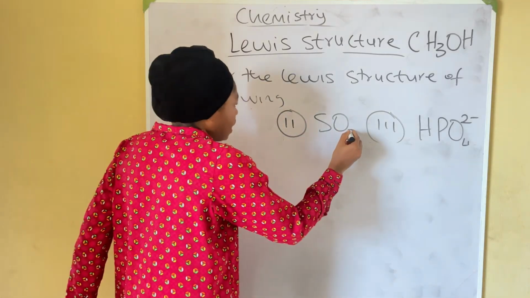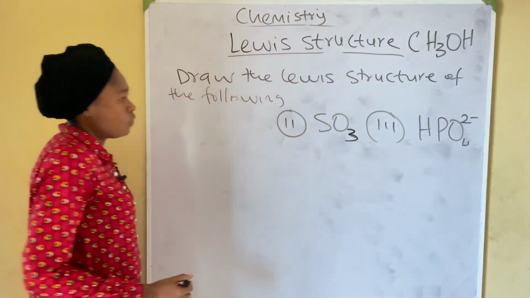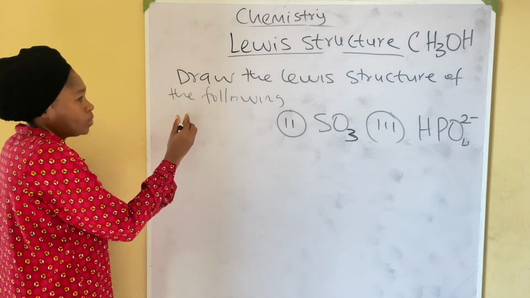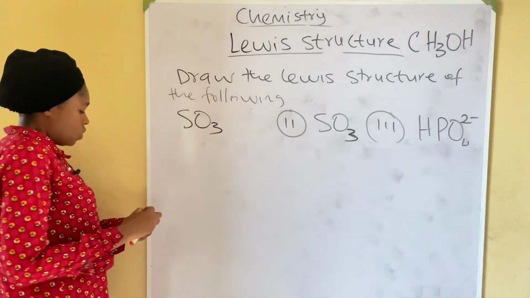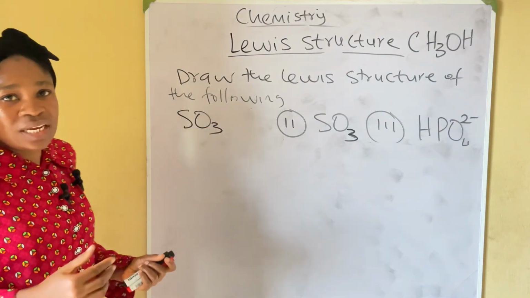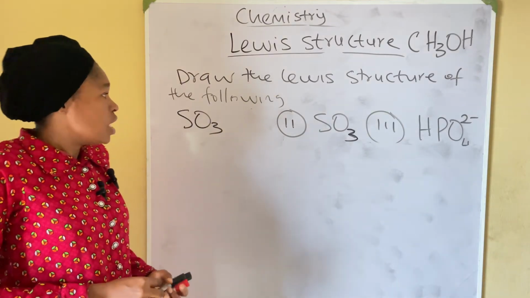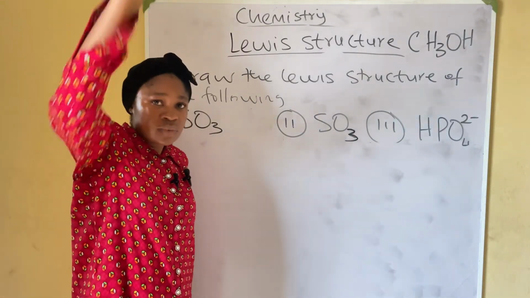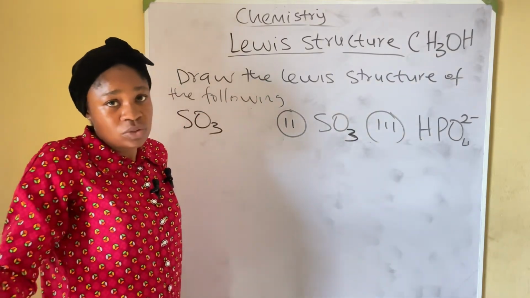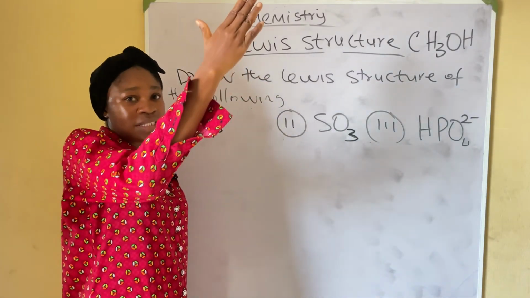Sulfur 6 oxide, all right? Sulfur 6 oxide. Between sulfur and oxygen, which one is less electronegative? In the periodic table, remember, electronegativity increases across the period and decreases down the group.